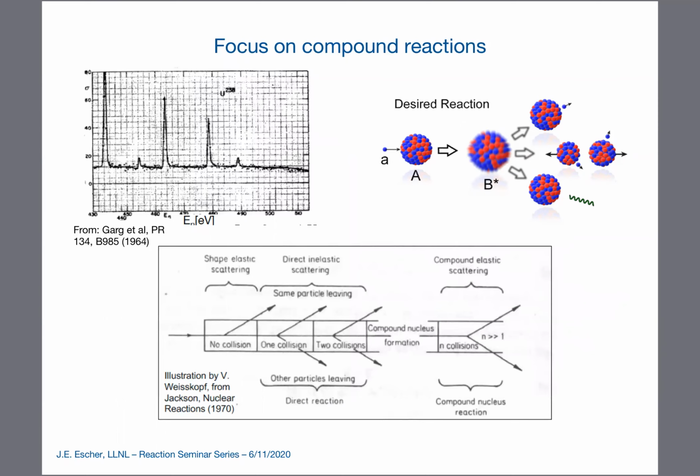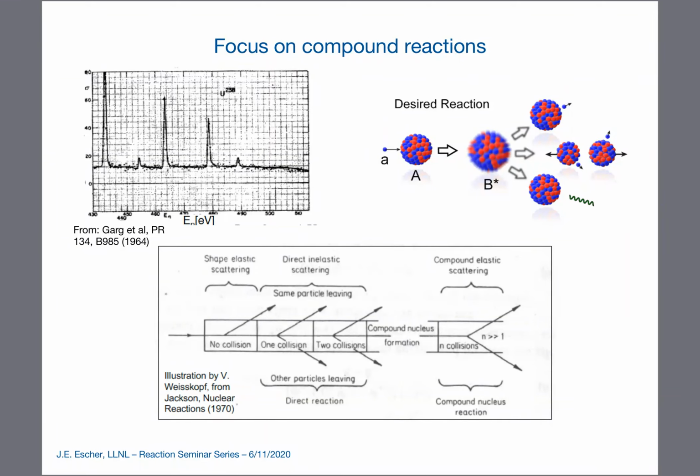Okay, so again, I want to emphasize that we're dealing here with an indirect method to get a compound nuclear reaction. There are other reactions that are of interest, but the surrogate method focuses on compound reactions. In such a reaction, a nucleon undergoes the desired reaction, let's say a neutron-induced reaction. The nucleon undergoes multiple interactions with a target nucleus and finally fuses to make this B star nucleus on the upper right-hand panel here.